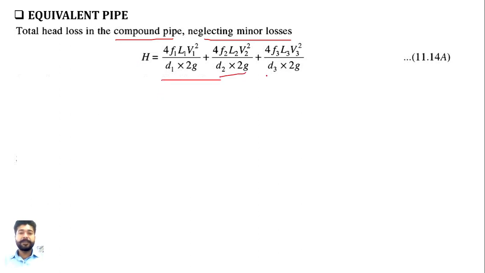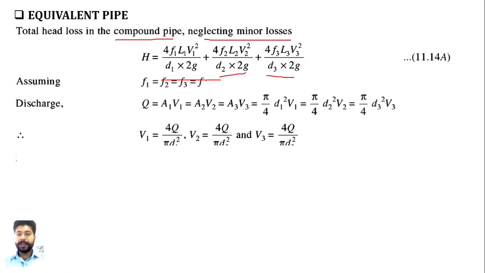Over here it is pipe number 2 and this one is for pipe number 3. These three terms are known as the head loss due to friction in a pipe, and we are also assuming that the frictional coefficient F equals F1, F2 and F3, where the discharge equals A1, A2 and A3.